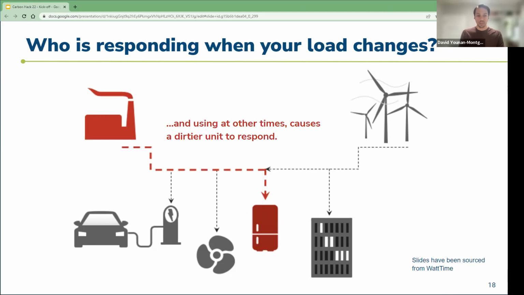Marginal is about the dispatchable resource that actually changes in response to load. That's what marginal is designed to detect, and that's the data you need to inform carbon aware applications. If there are other questions about that distinction, we can go into more detail, but that's the concept at a high level. Next slide.